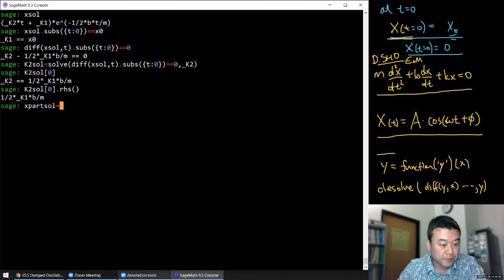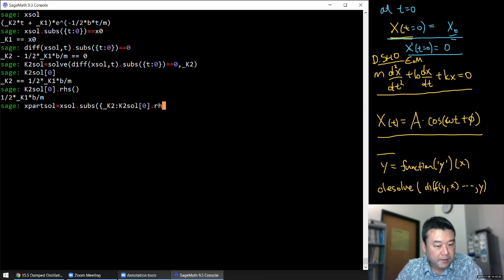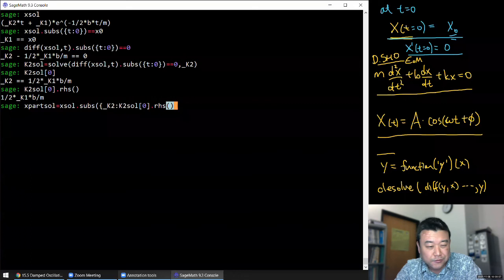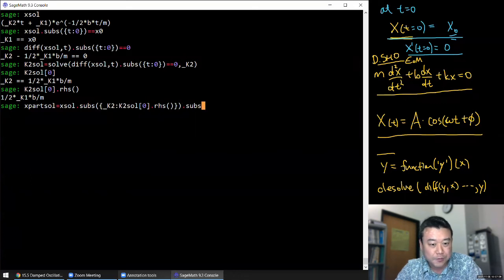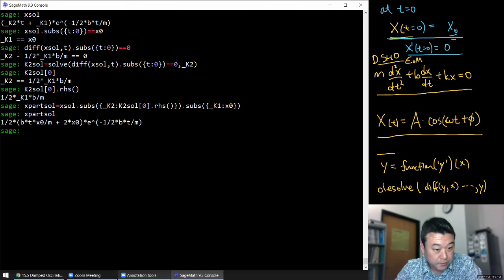X particular solution is, I take X solution, and I have to do this in the right order. I have to substitute in K2 first, so that when I plug in K1, it substitutes everything. So substitute in K2 is equal to K2 solution, the right-hand side. There's probably a more efficient way to do this. Again, I'm not super familiar with SageMath. K1 is equal to X. Okay, so that should be X particular solution.